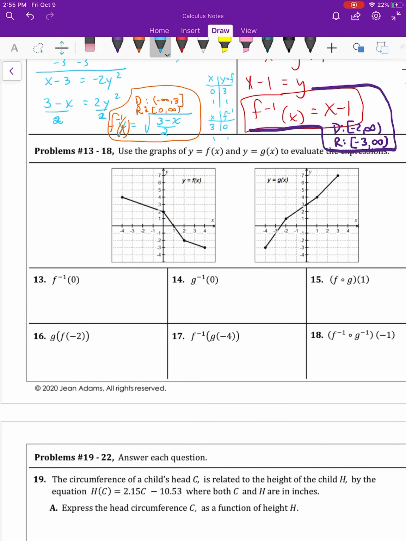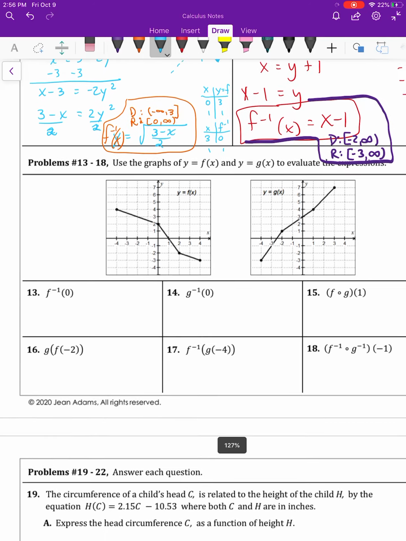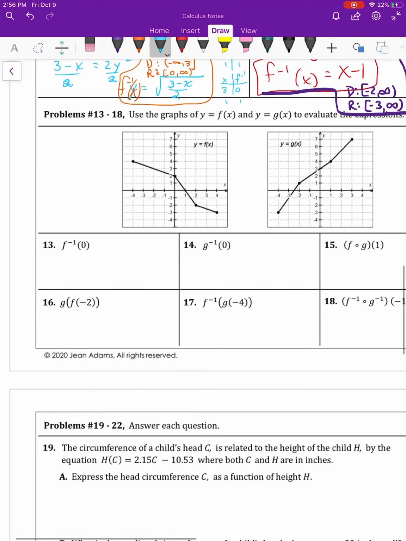All right, number 13. It says, use the graphs of y equals f of x and y equals g of x to evaluate the expressions. So I made a chart for f, and I'm going to make a chart for F inverse, okay? So I looked and I saw negative 4, 4, and then this point right here, negative 2, 3, and then 0, 2, and then 1, 0.